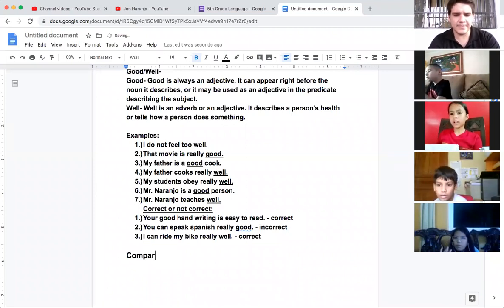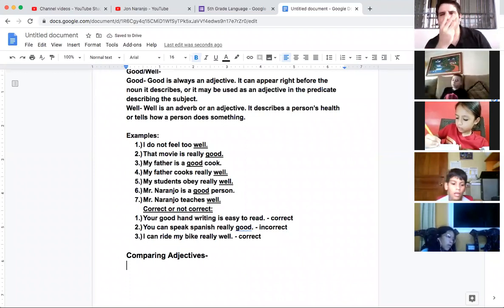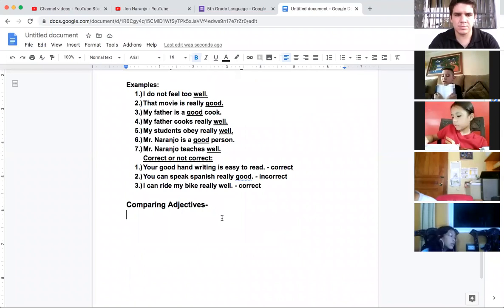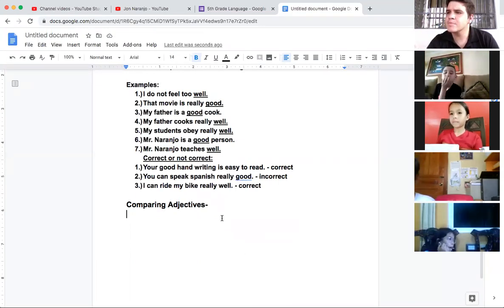107. Comparing adjectives. Yes, comparing adjectives. All right. What are the three forms that you can have comparing adjectives? If I am tall, and you tell me I am taller than you, it's like that.